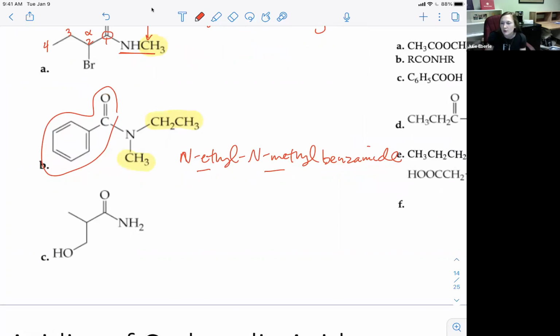So you need to number the longest carbon substituent, starting with your carbonyl carbon. When I do that, I get 1, 2, and then you got to go down 3, like that. You need to number it that way.